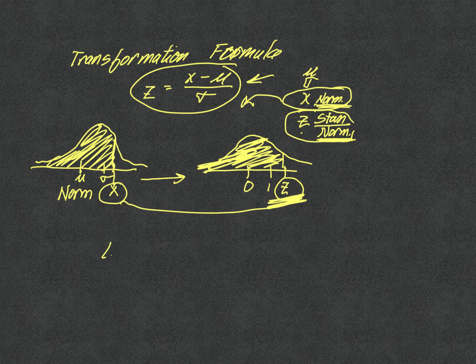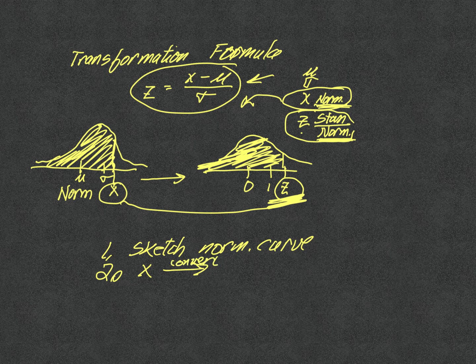Number one, you want to sketch the normal curve. So remember I said we always want to use the pictures because they kind of guide our thinking, all right? And then, if there are X values, you want to convert all the relevant X values to their corresponding Z score, okay?